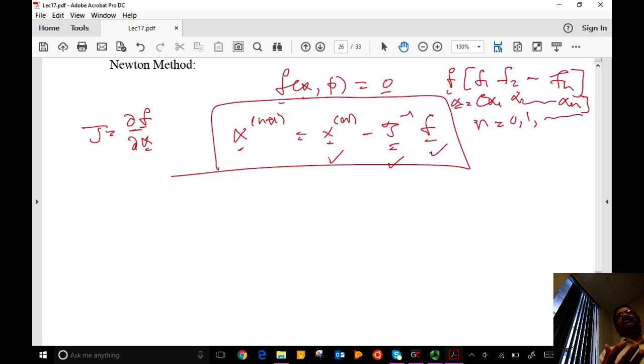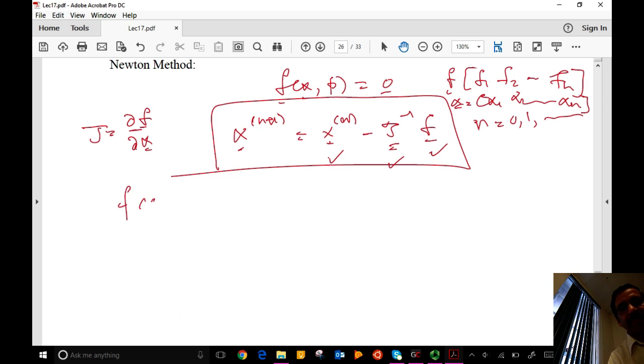Have you seen that one? It's very important to learn how to derive these algorithms from Taylor series expansion, because that's going to be revisited when we do the method of finite differences. It's based on Taylor series expansion. So essentially you do a Taylor series expansion of the function f of x with a perturbation delta.